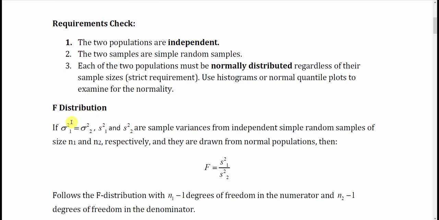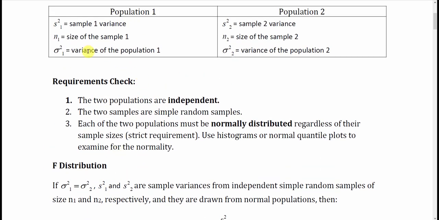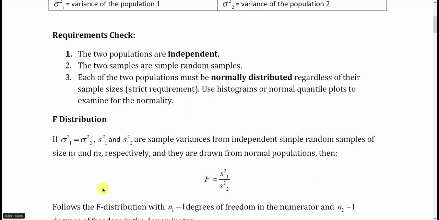For the F distribution, we assume that the population 1 variance and the population 2 variance are equal. Then all you do to find the F statistic is take the ratio between the sample 1 variance and the sample 2 variance.